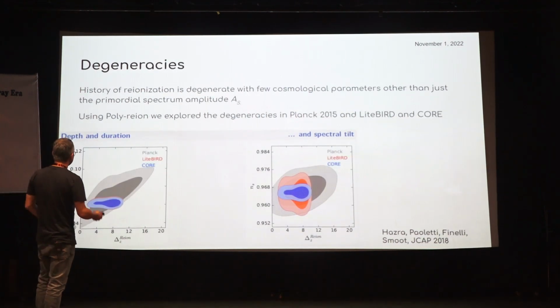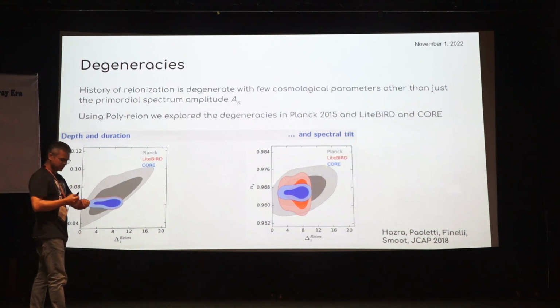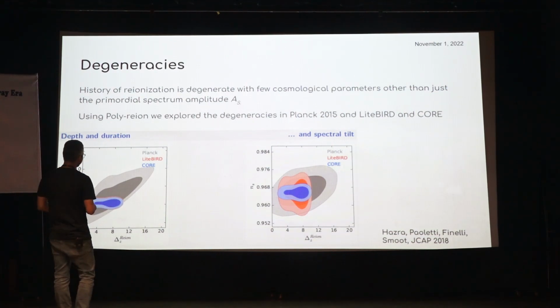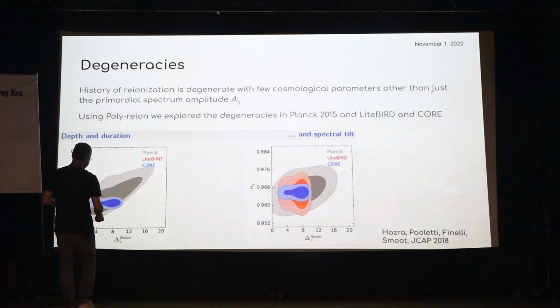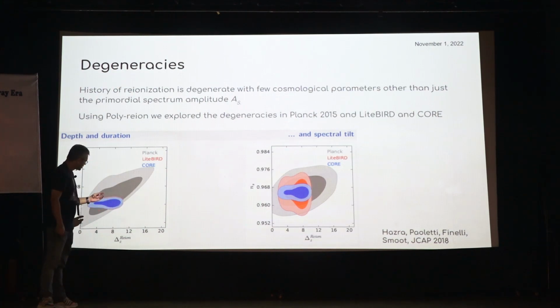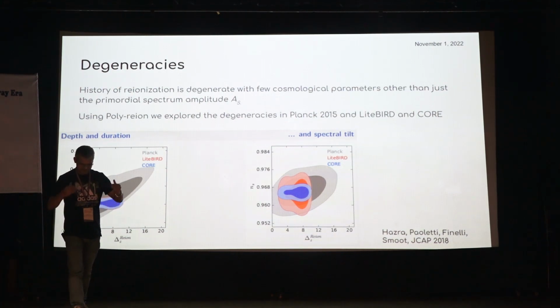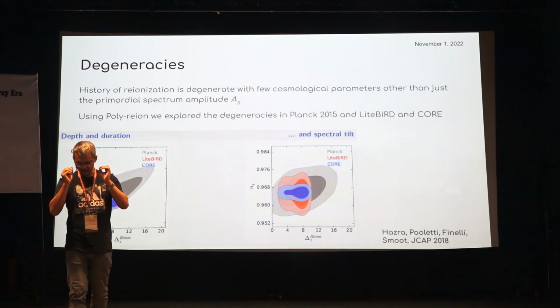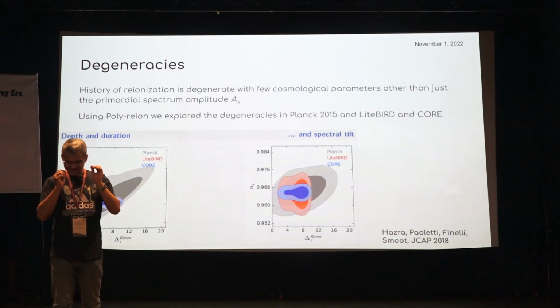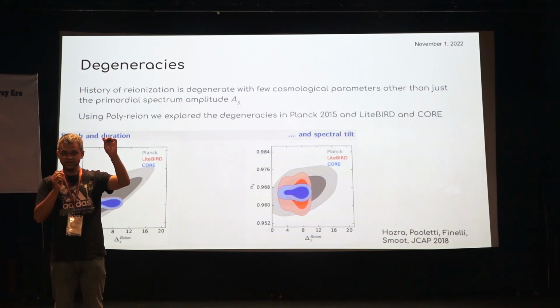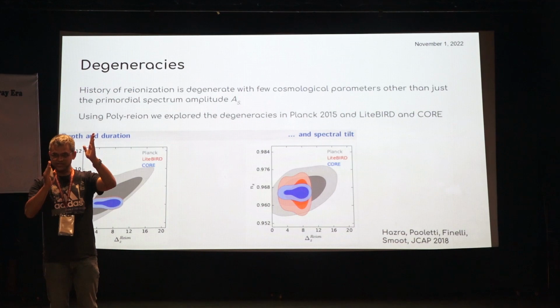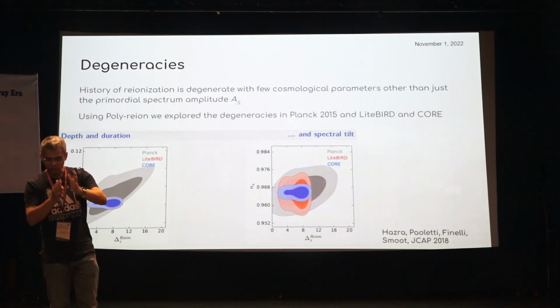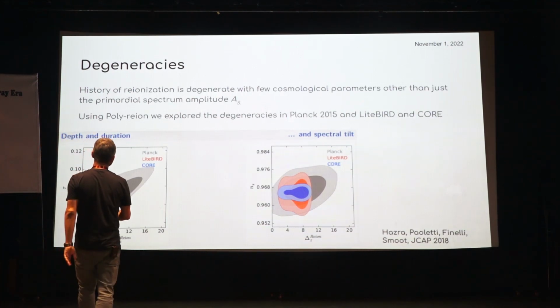Okay, now let us come to degeneracies, as I was saying. Degeneracy is a very important topic. First of all, this delta z reionization is saying the width of the ionization, or the time of the ionization where the universe was 10% ionized to 90% ionized. We take this z1 and z2, so z2 minus z1 is basically this delta z reionization.